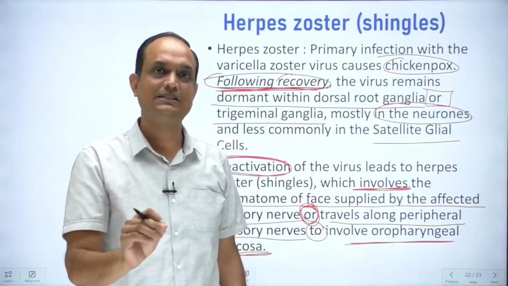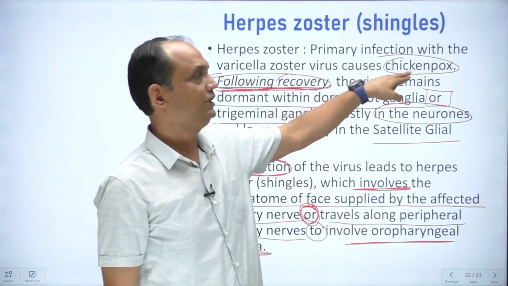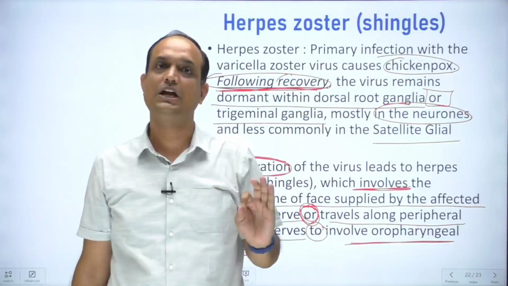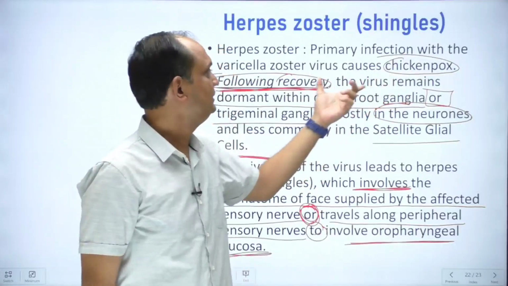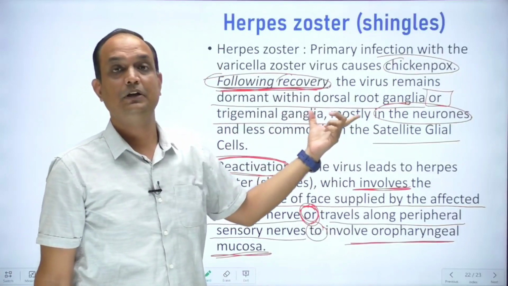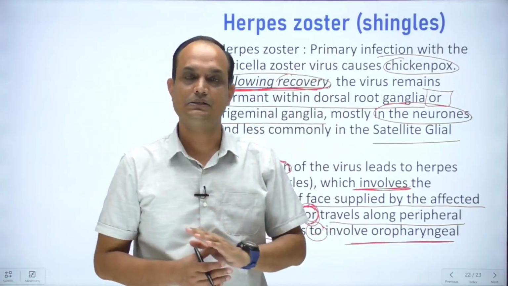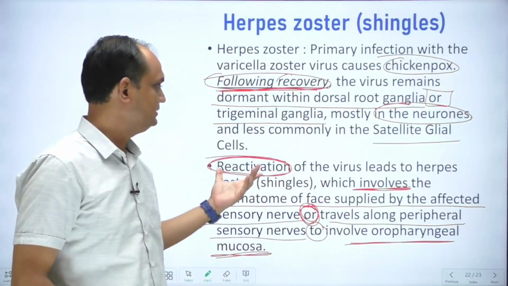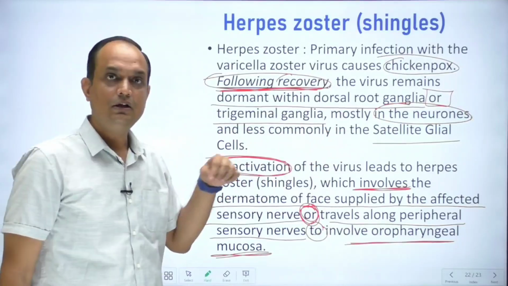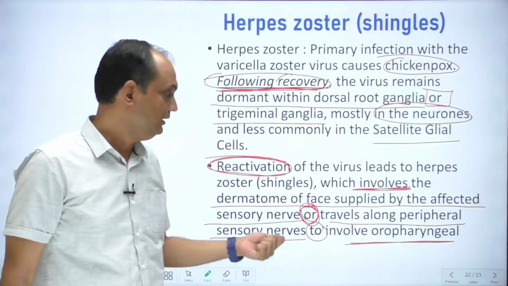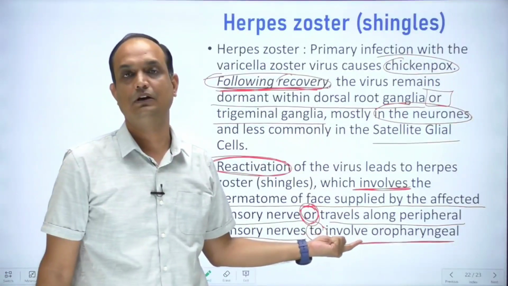That person must have had the first episode of chickenpox in his or her childhood. That time after the recovery, the virus remains dormant, and it can remain dormant for 20-30 years. Once the reactivation occurs, the virus travels along the pathway of this nerve.